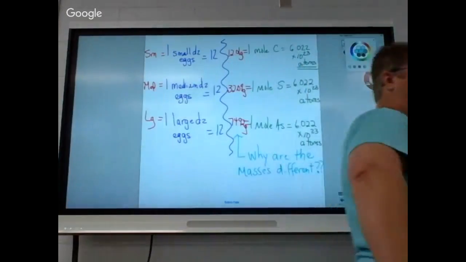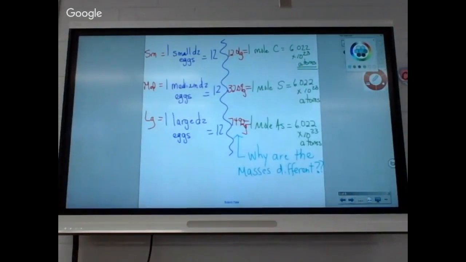Why are the masses different? Why don't all those atoms weigh the same thing? No. Getting very warm though. Pastor, what do you think?